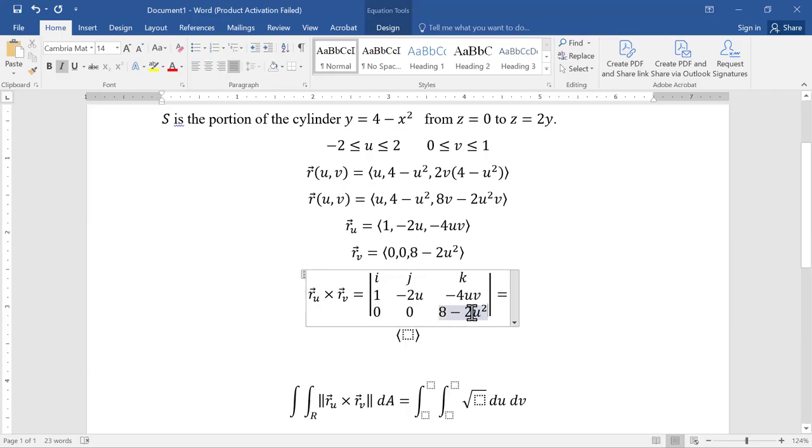Negative 2u times this thing will be negative 16u plus 4u to the third, minus 0 times something. Then I'll do the j component, cancel out the column and the row j is in. I will get negative of 1 times 8 minus 2u squared.